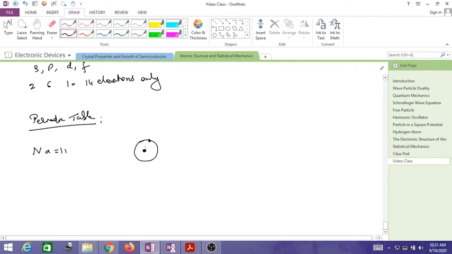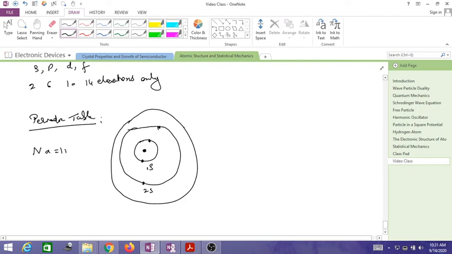This is the nucleus, this is 1s, this is 2s, and the remaining 6 go to 2p: 2, 4, 6. So 2p is completely filled.